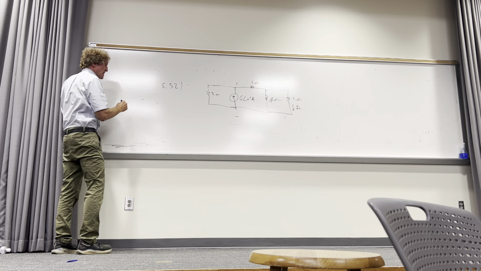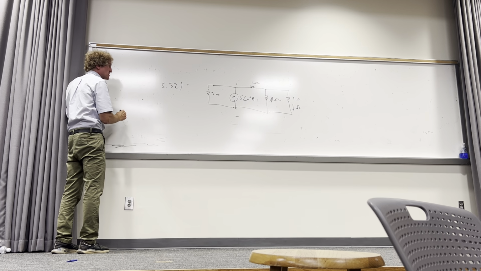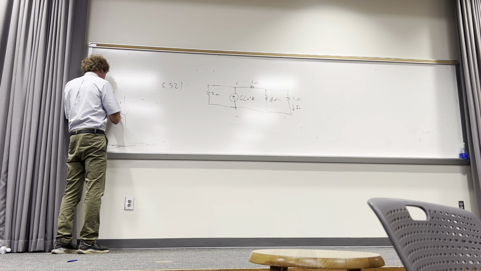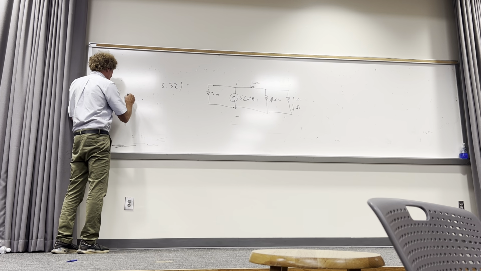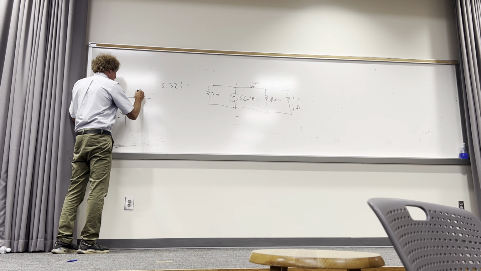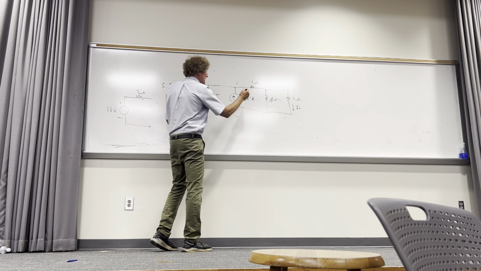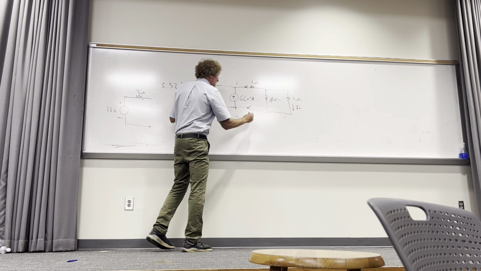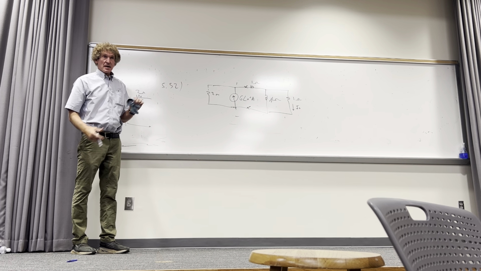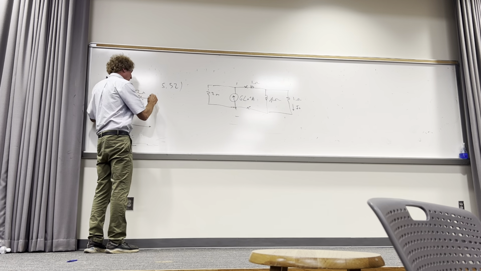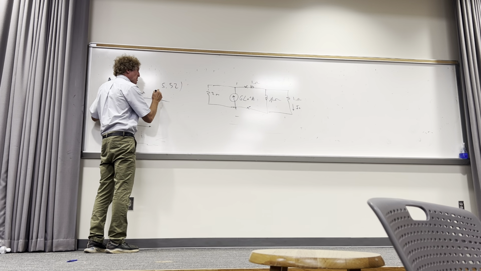So I could say that would be 6 times 2 or 12 volts in series with 2 ohms. And now I'm literally right here. Y'all see that? And now take that cutout circuit and put it here, and you'll see what I'm up to, but I'm showing you all the options.